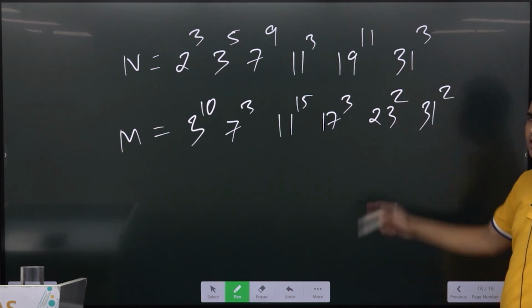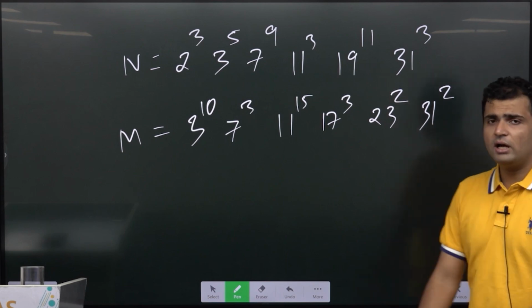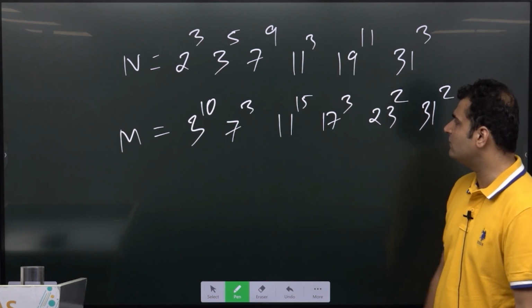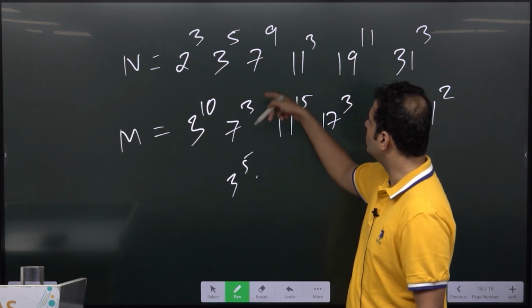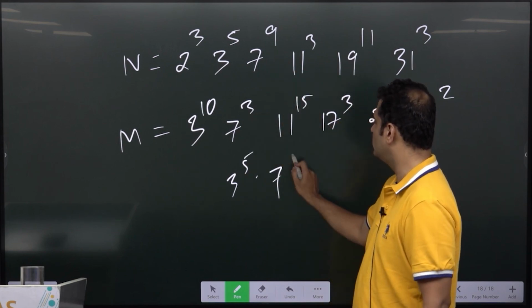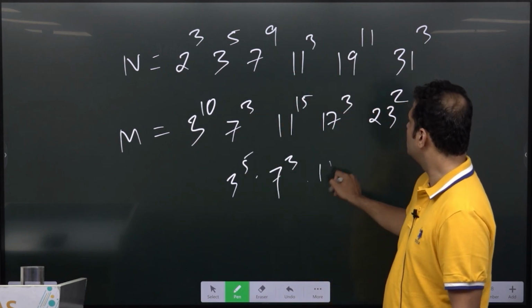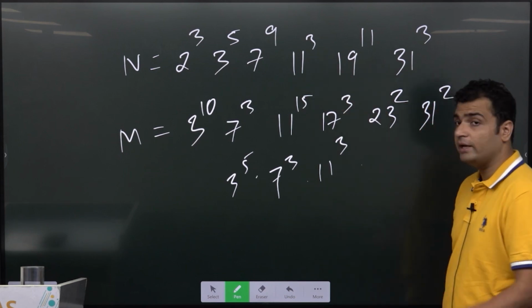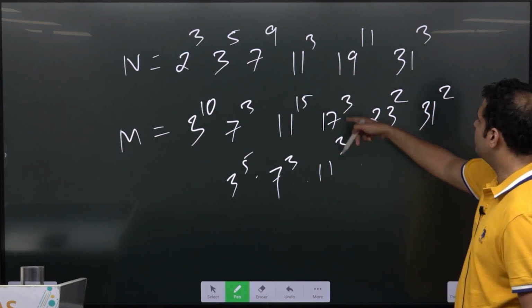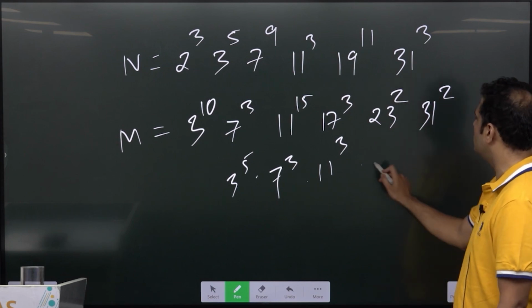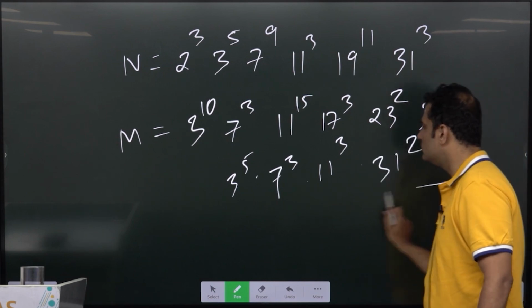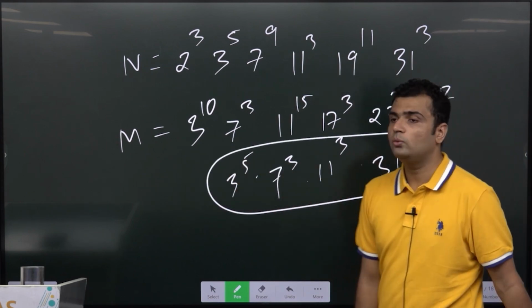These are both huge numbers and we want to find the HCF. What will be the HCF? Common factor 3 is there, highest common power 5. 7 is common, highest common power 3. 11 is common, highest common power 3. We are looking at the highest common power. 17 is not common, 19 not common, 23 not common, 31 is common, 31 square. This is the HCF of these two numbers.